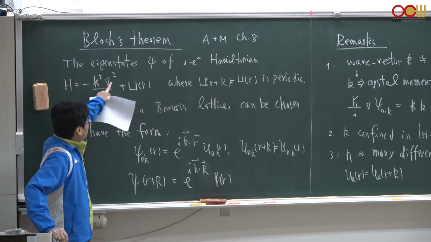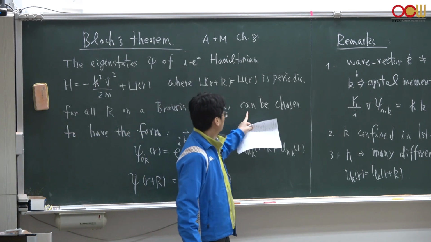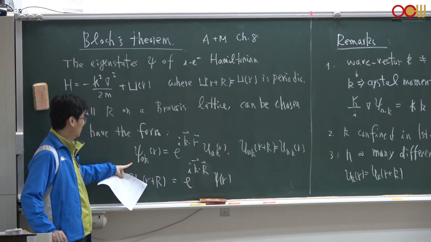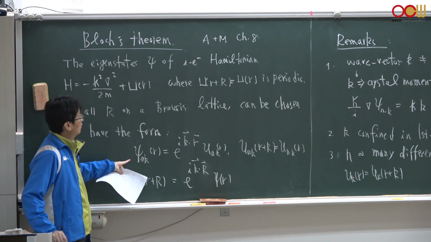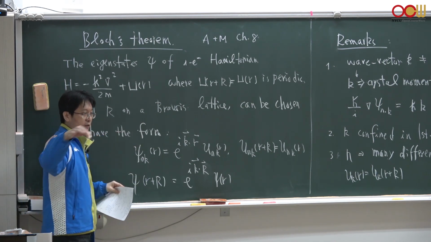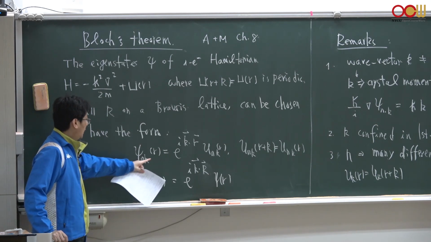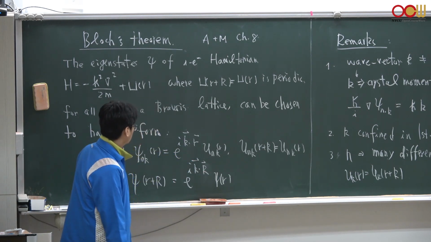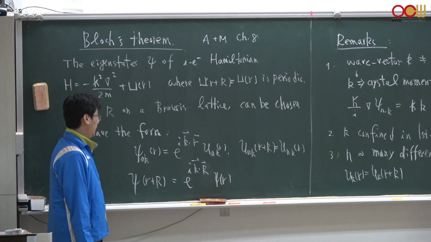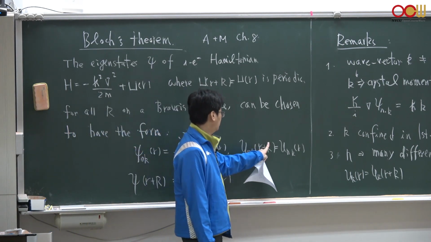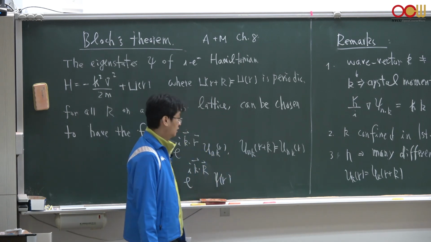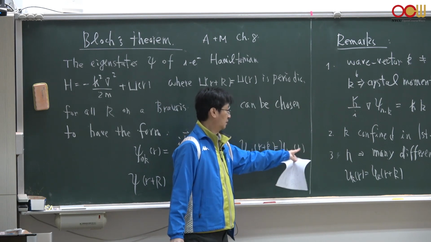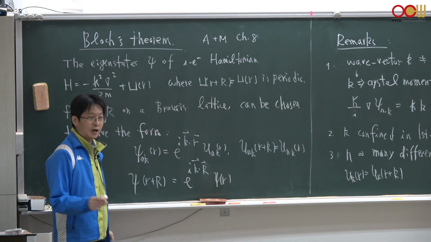So the eigenstate psi in such a system could be chosen to have the form like this. All right? The eigenstate of a single electron under the periodic potential is given by e to the i k dot r times the periodic function u_nk as a function of r, where if you shift r by the lattice translational vector, you go back to u_nk at position r. So this is highly non-trivial.